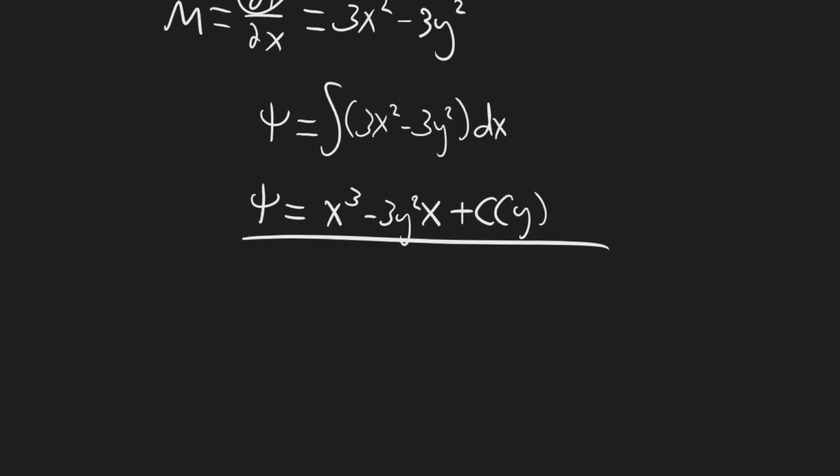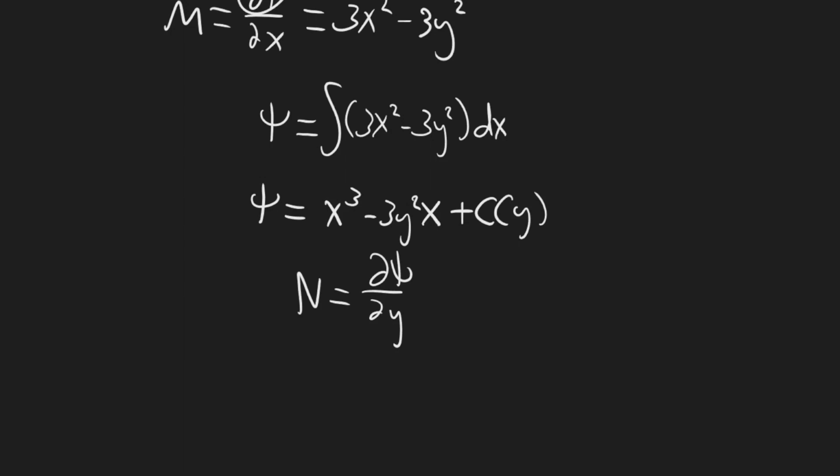So this is what psi looks like. Our only unknown now is c of y, so we need to make sure we have this in our final answer. We actually have enough information to solve for c of y. And that's because, remember, n equals partial psi partial y. And so if we take the partial derivative of what we found to be psi with respect to y, we can compare it to what we know n is.